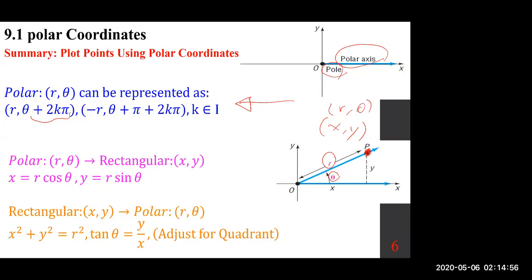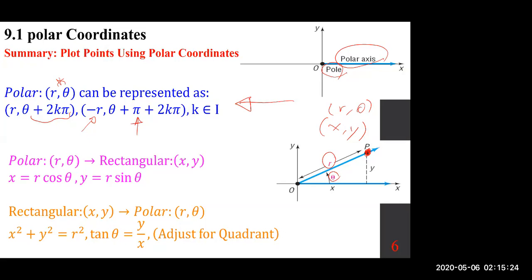Normally we use r and theta, again class, normally we use r and theta, but we can use r comma theta plus 2k pi, or in fact, if we want, we can use negative r. Normally we use positive, but can it be represented with negative r? Yes, the opposite side. And in which case, we will have to add a pi.